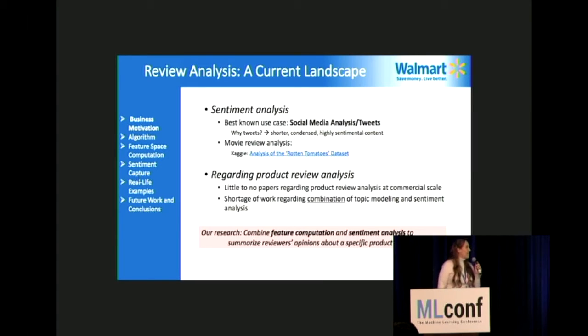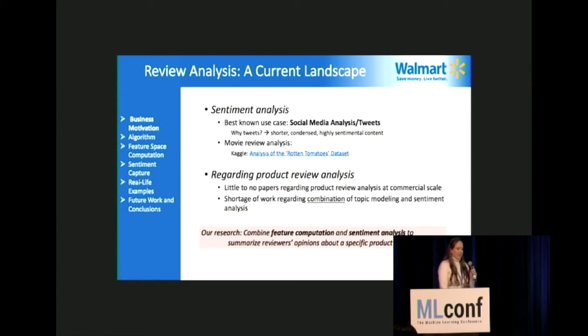Surprisingly, the scientific community didn't really have that many answers regarding a proper way of doing this kind of analysis at a commercial scale, right? At Walmart we have lots of different products, so it's really important that we find a way to scale that up and do it in an online manner, so that we can refresh our results very frequently.